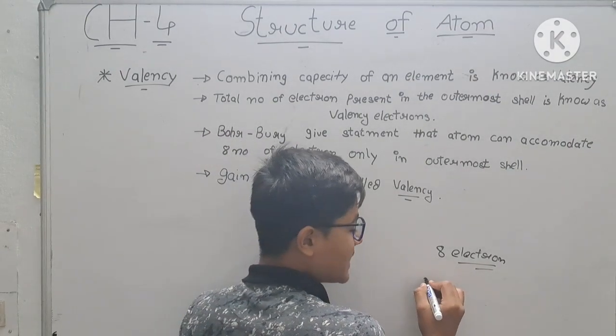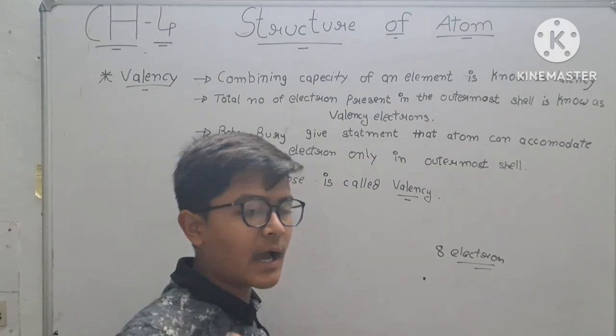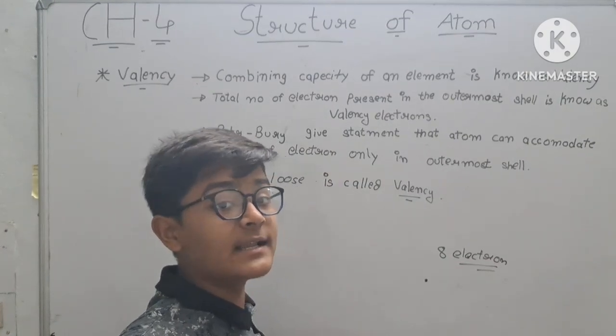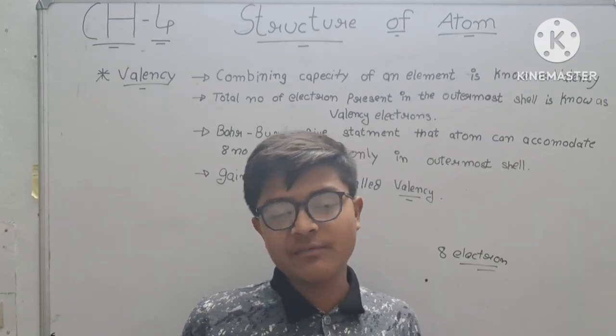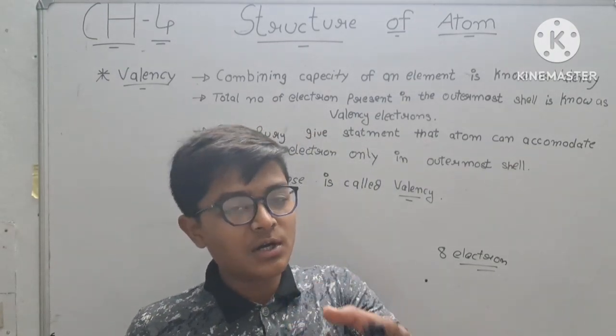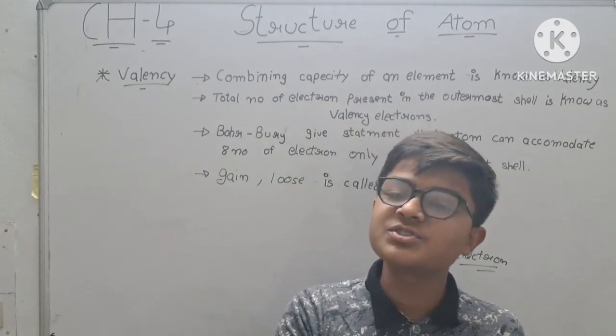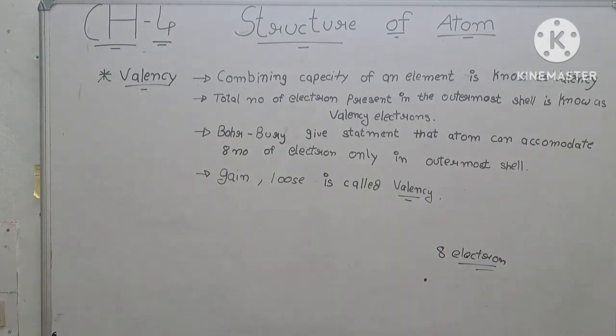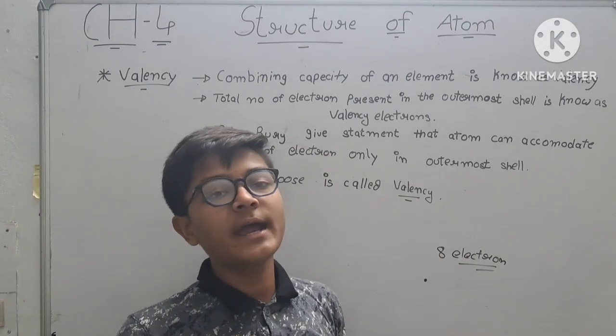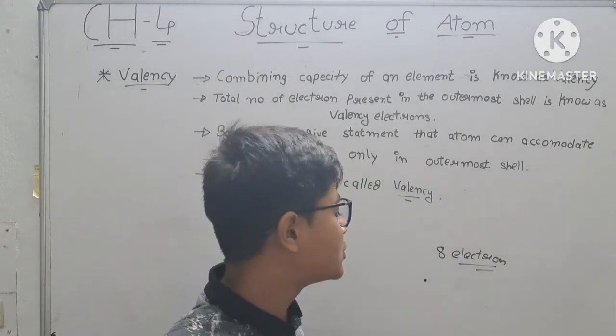So let's see a shell. I have made a shell in the topic of ions. If you have watched the chapter number 3 video, good, and if you have not watched, please go to the channel and watch the video. I have made a shell, and how the atom is formed, that I have also said.